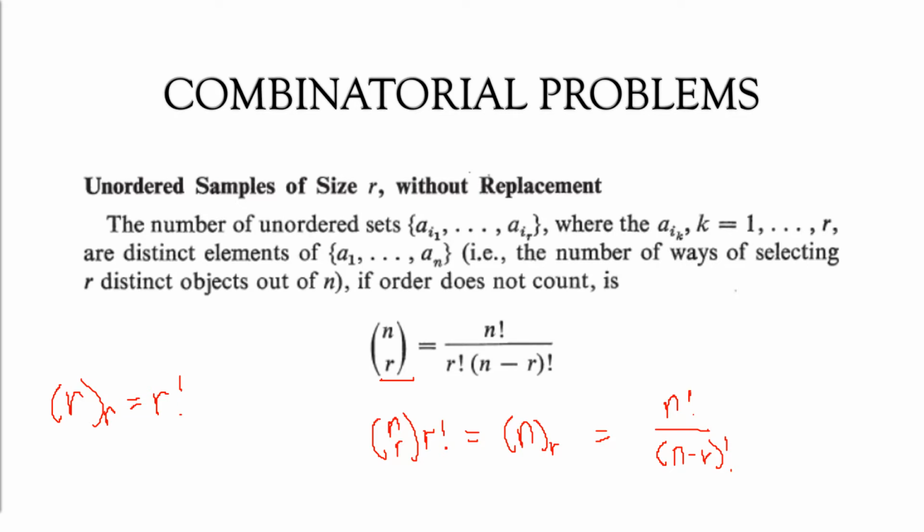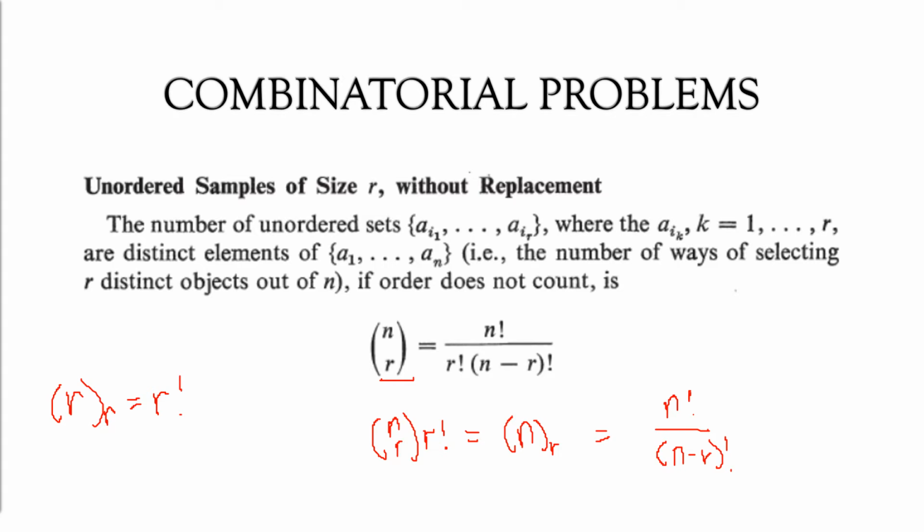So the combination of n objects taken r at a time is equal to n factorial over r factorial times the quantity n minus r factorial.